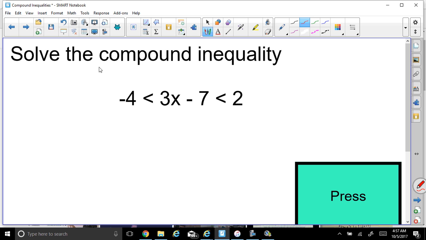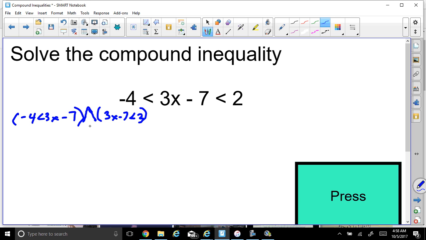Well, we can do like we had in the beginning of our introduction. We have -4 less than 3x minus 7. And this is compound, so this is the letter A, and we have 3x minus 7 less than 2.